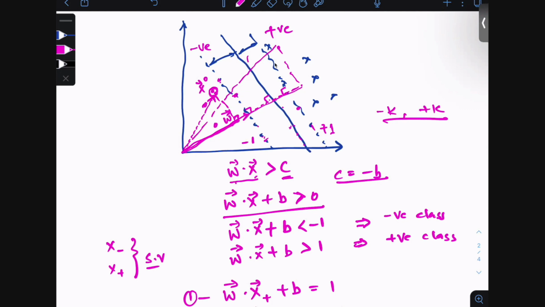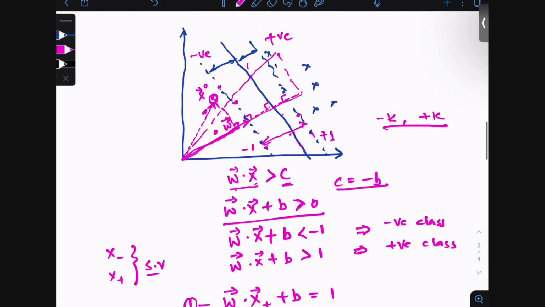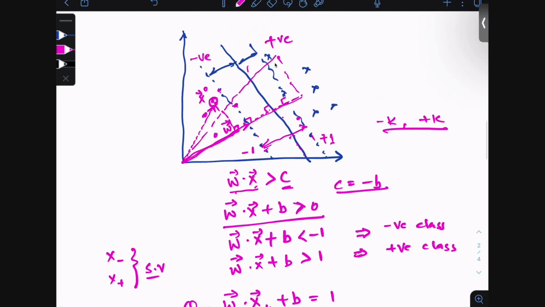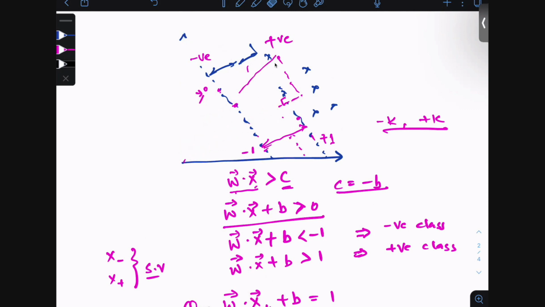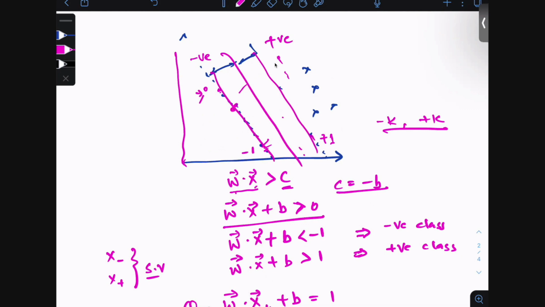Okay. Now let's see what my intention is. My intention is to maximize this particular margin. And what is this particular margin? Let me try to draw it. Okay. So there are two lines. This is x negative and this is x positive, right?